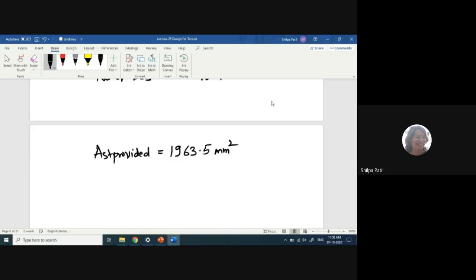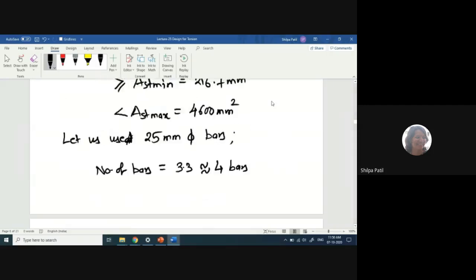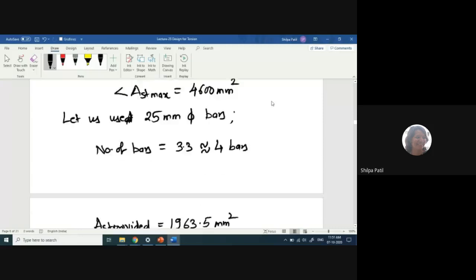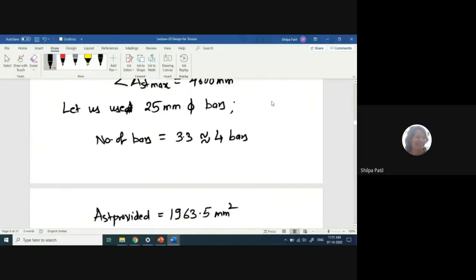Okay. See, there is a difference between the required and provided, 1600 and 1900. So you can go for the combination. But here 25 mm 4 bars are required. How will you make the combination? It is very difficult because normally we do not go for 30 mm diameter bars. If you go for 30 mm diameter bar, then combination is possible, 30 and 12, 30 and 16, like that.